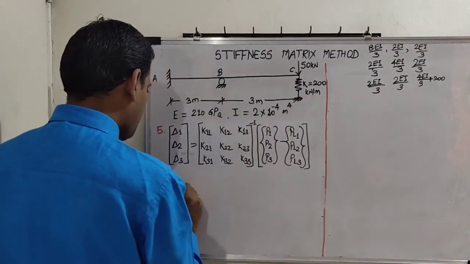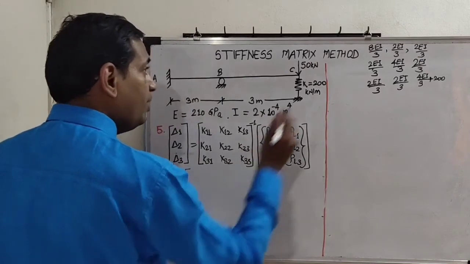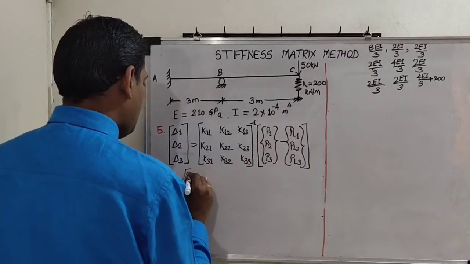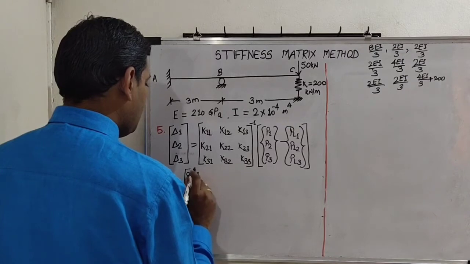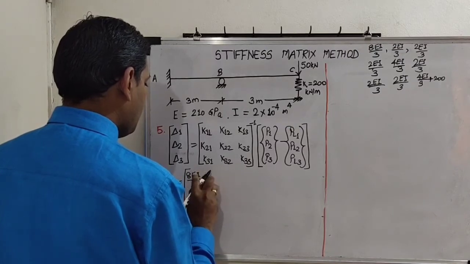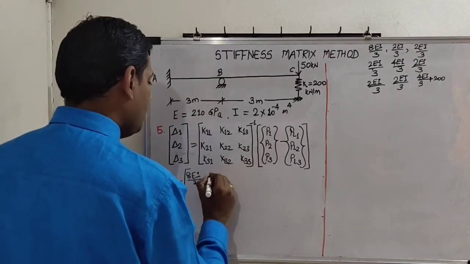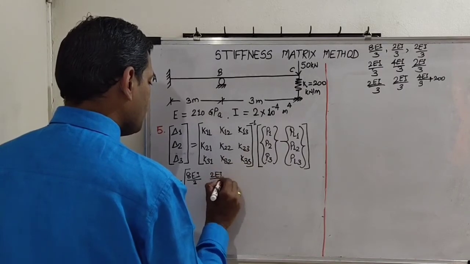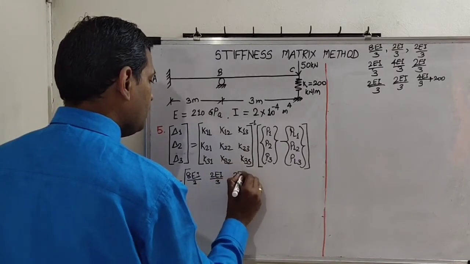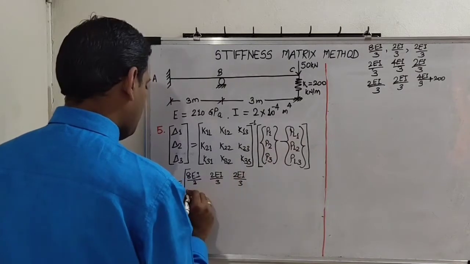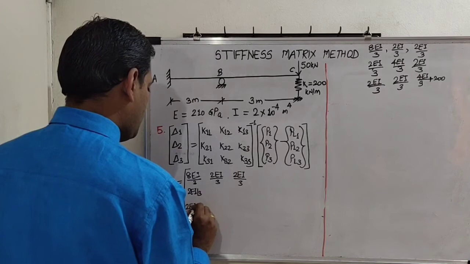That we shall substitute. So first of all, K values, they are here, 8EI upon 3. Okay. Then 2EI upon 3. Again 2EI upon 3. Then here also 2EI upon 3. Here also 2EI upon 3.